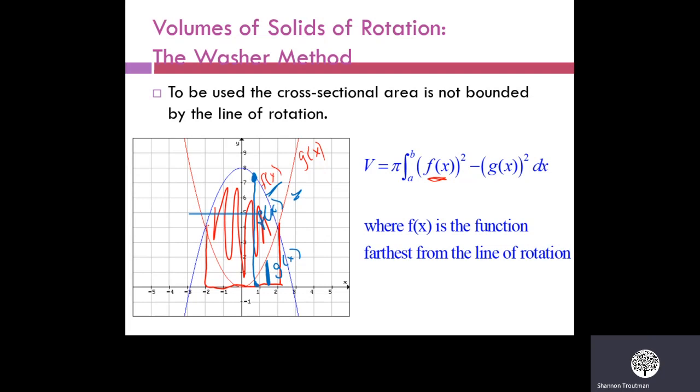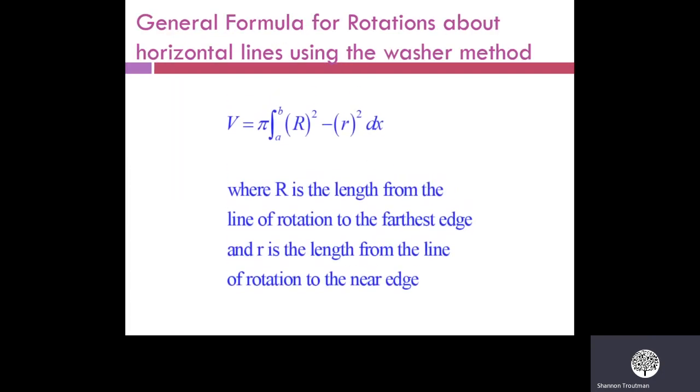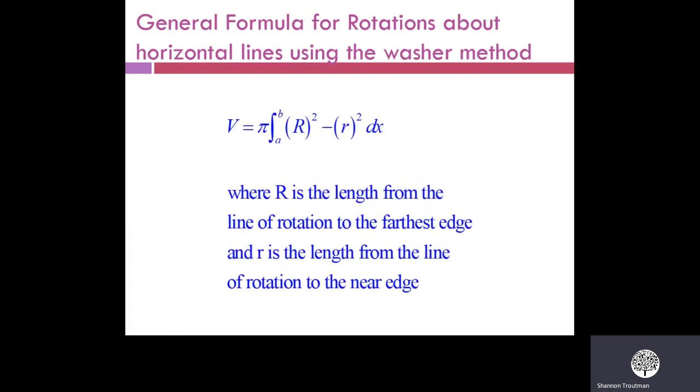All right, so this is how you apply the washer method. Of course, if you're not rotating about the x-axis, then you're going to be looking at a more generalized formula where you have your pi from x equals a to x equals b, and then what's called big R and little r.